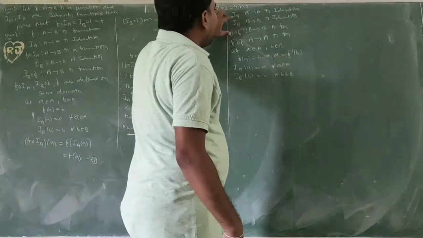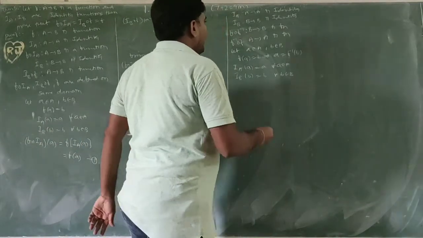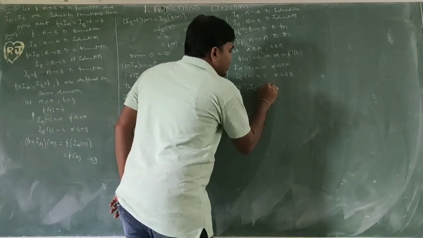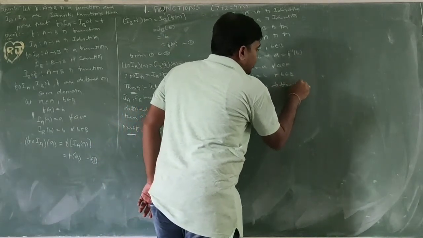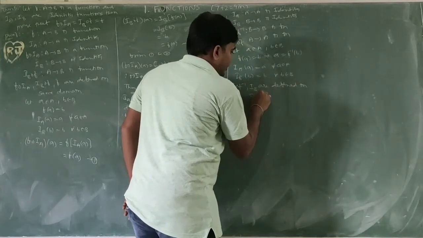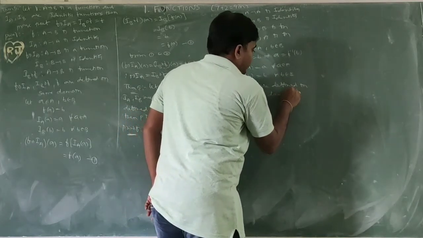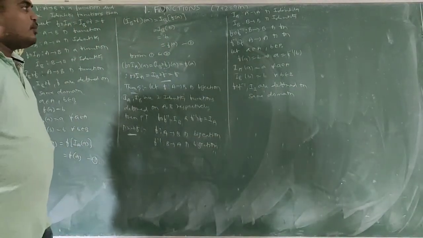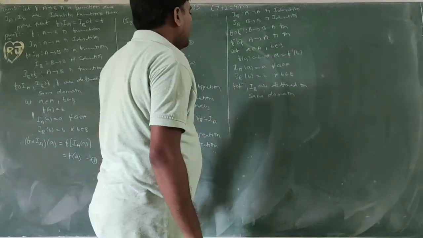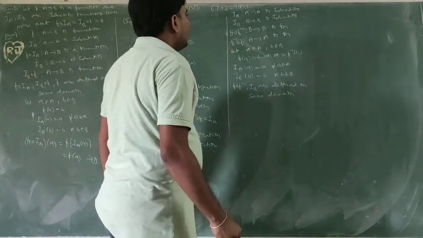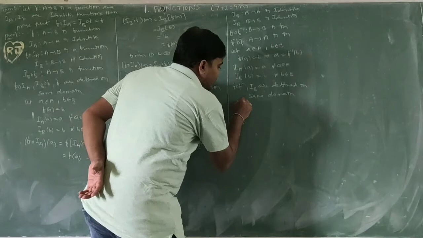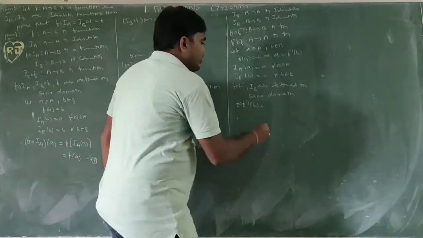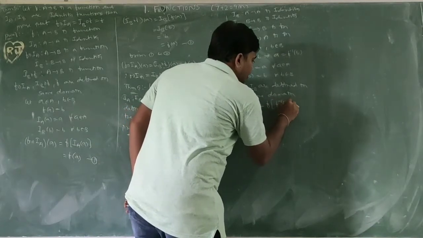So F circle F inverse and IB are defined on the same domain, and the domain is B. So F circle F inverse of b equal to F of F inverse of b.